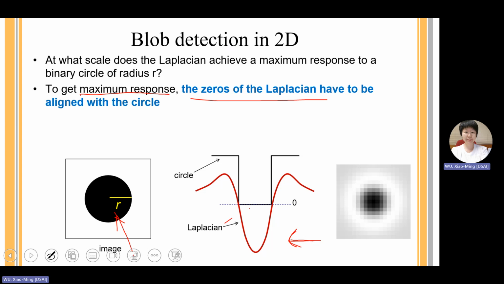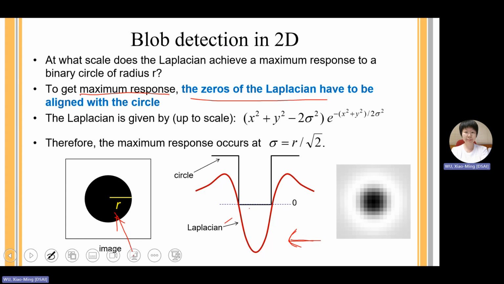So this LOG function has a very nice property that the maximum response occurs when the zeros of the Laplacian align with the circle, meaning that this is R. This is the circle.